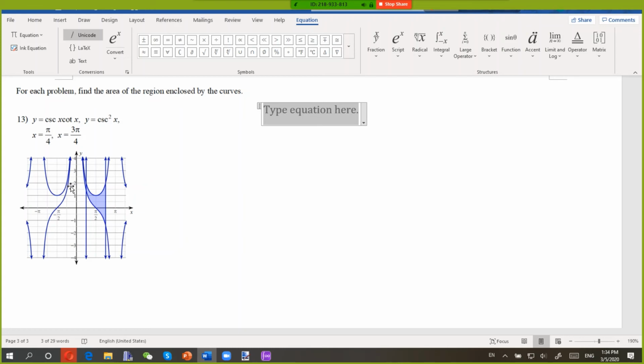The integral from my start point at pi fourths to our end point of 3 pi fourths of cosecant squared x minus cosecant x cotangent x.